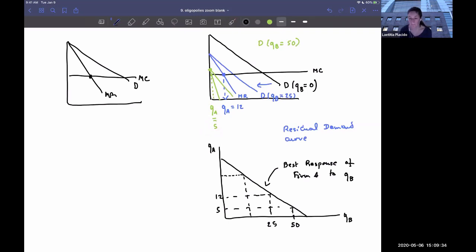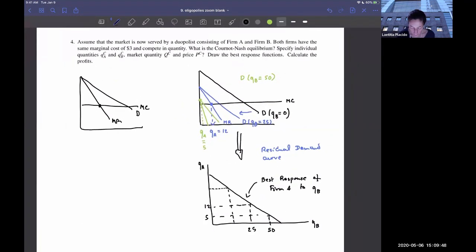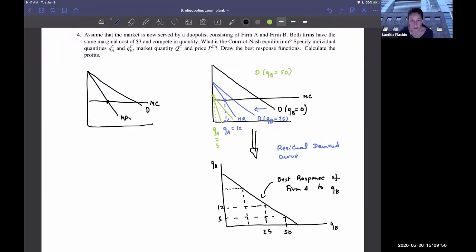Okay. So you can see how from this graph, we can derive the best response function. Okay. All right. So now that you understand what happens, we're gonna do the math. Okay, I'm gonna erase this.